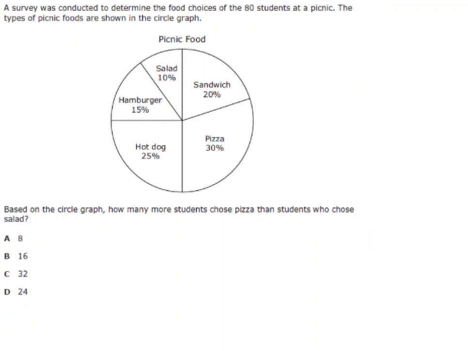All right, so 80 students at a picnic. Now, what we want to know is how many more students chose pizza than students who chose salad, right? But more importantly, how many more? So we're looking for a difference. So there's two ways of doing this.